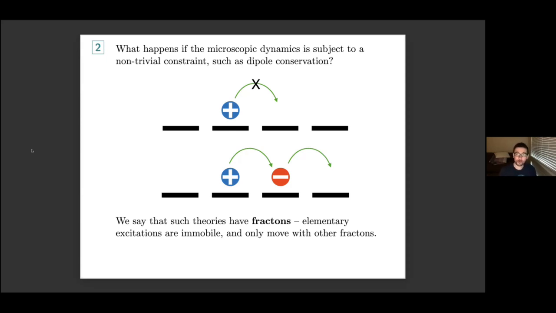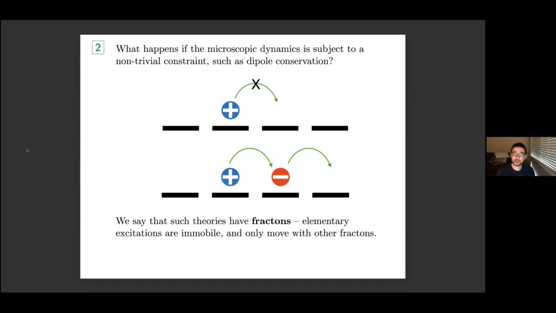This will be both a local constraint and a global constraint. What we're going to focus on today is a theory with a global conservation law where not only do I have a conserved charge, I'll just call it charge instead of mass for today, but you could tell the same story with mass if you wanted. In addition to this conserved charge, I also conserve the dipole moment of this charge.